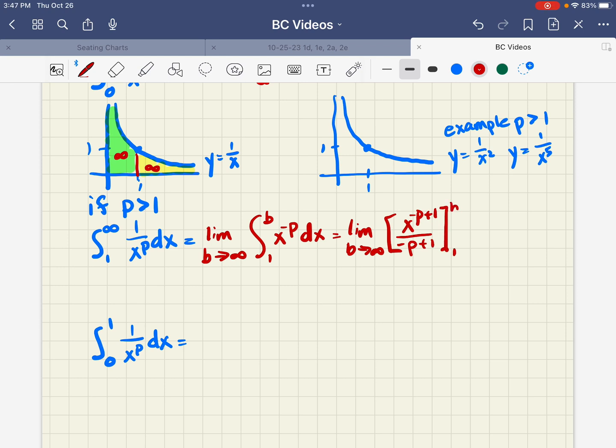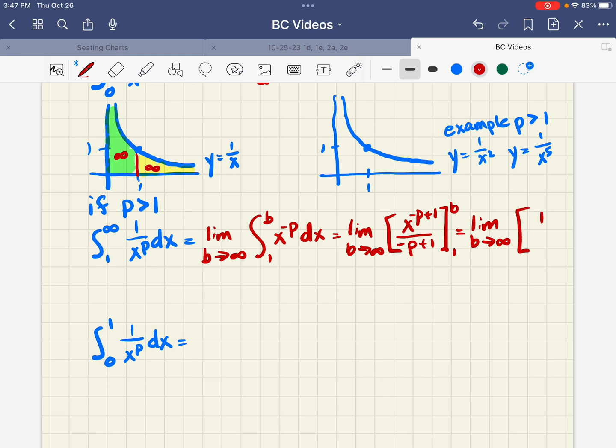from 1 to b. So remember, p is more than 1. So this power x to the negative p plus 1 is still going to be a negative power because negative something more than 1 plus 1. Let's see how we're going to do this.